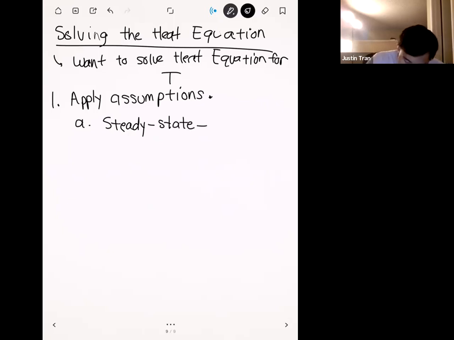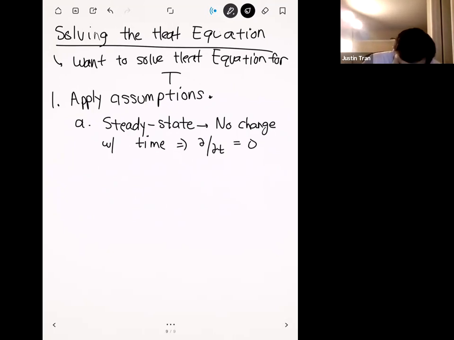The steady state assumption basically assumes that our temperature distribution does not change with time. And so this tells us that any derivative with respect to time is going to be 0.